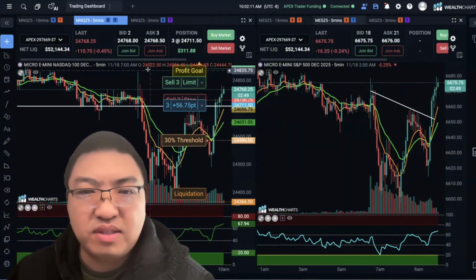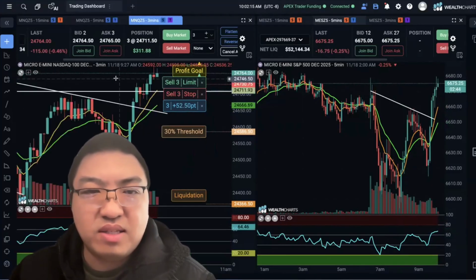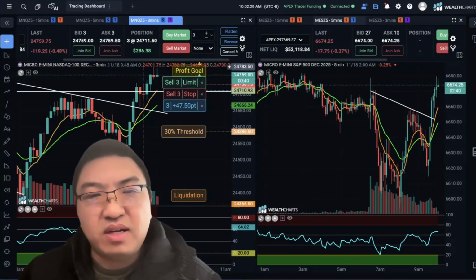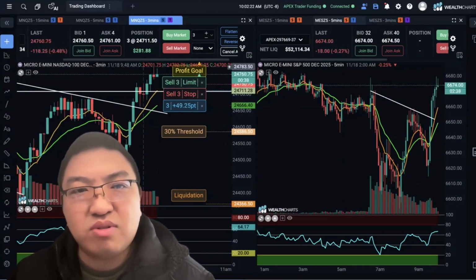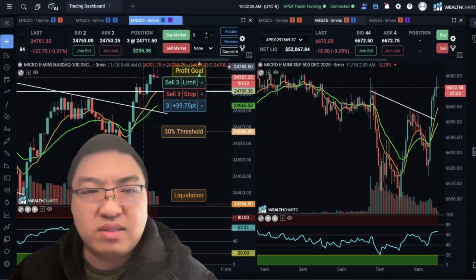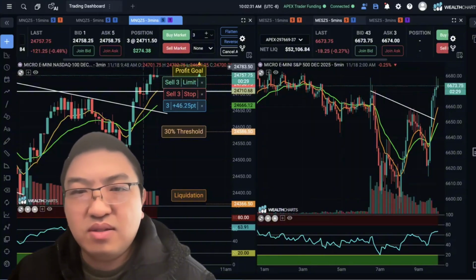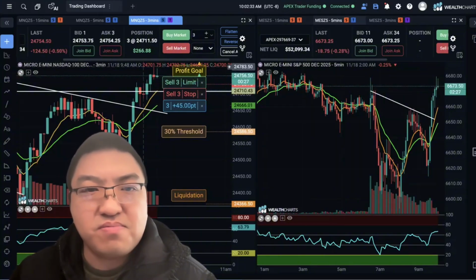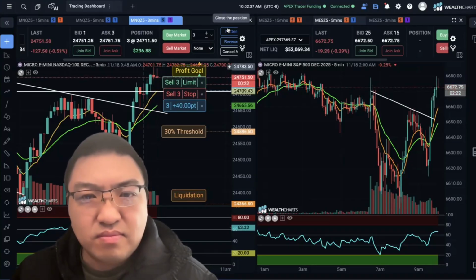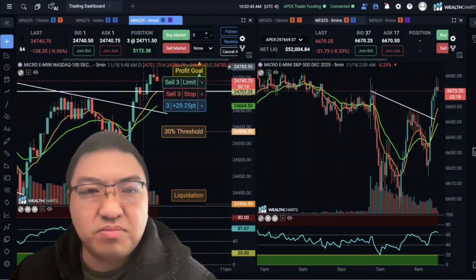We'll see. At least this candle should not close downward. If it closes downward, then probably trend reversal. Oh, seriously? Close downward? Hmm. Come on.